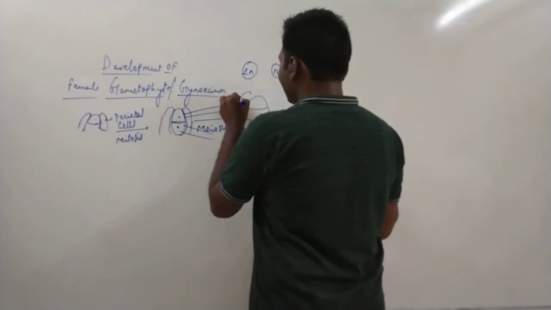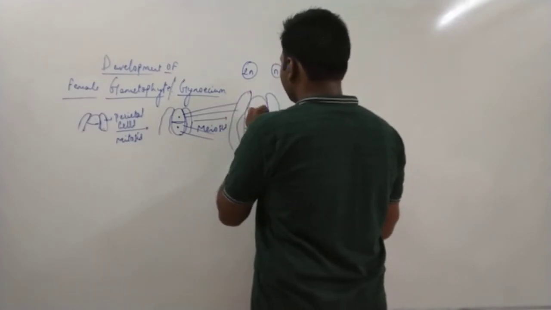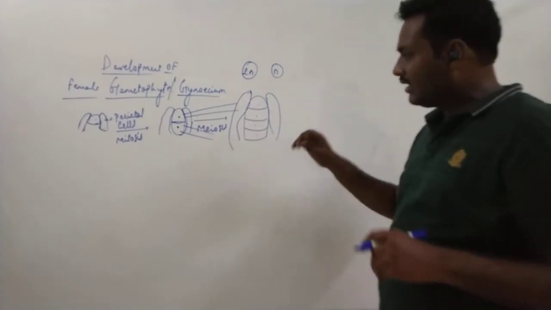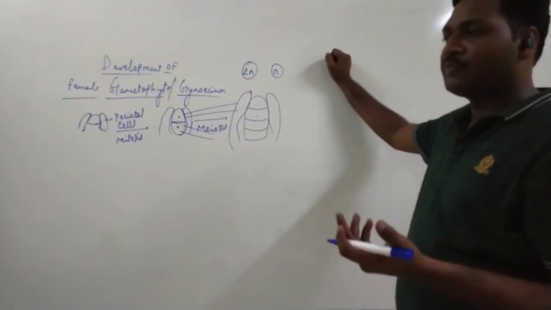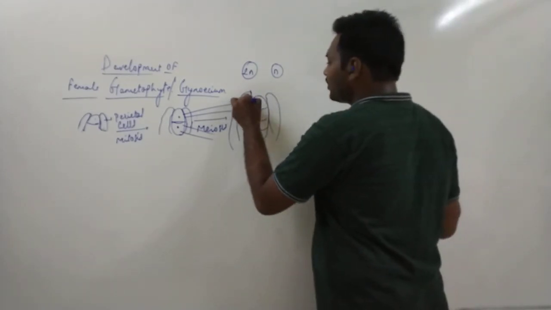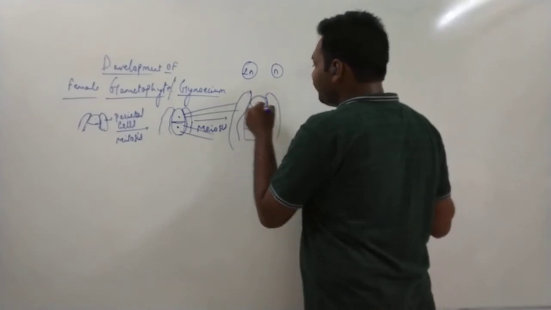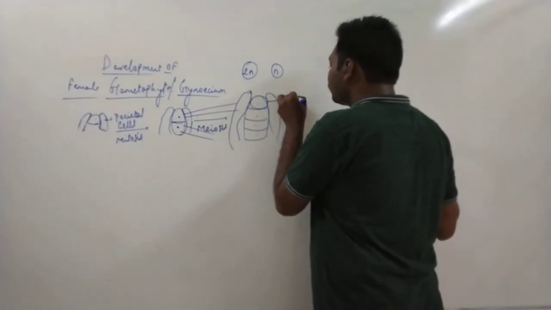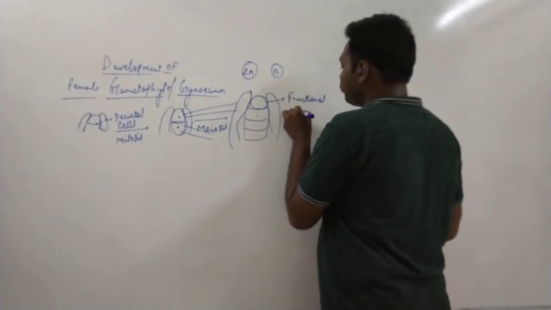In this way we get the haploid set of chromosomes. Of these, only one will undergo further development and the other three will degenerate. One will act as a functional megaspore.